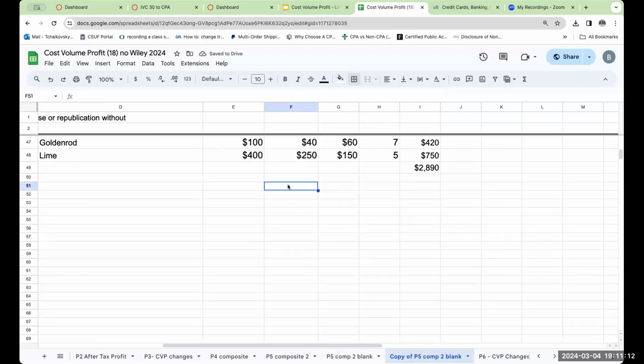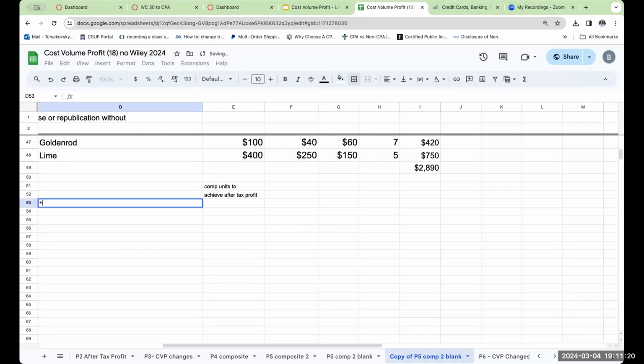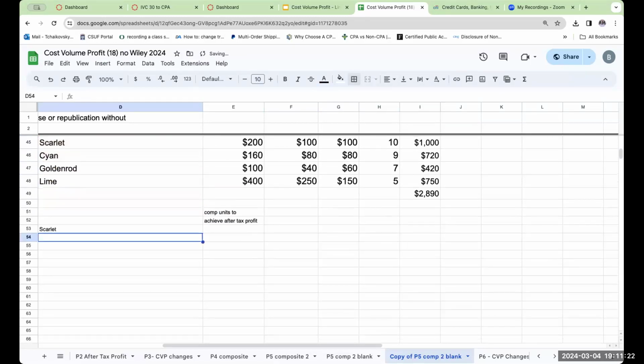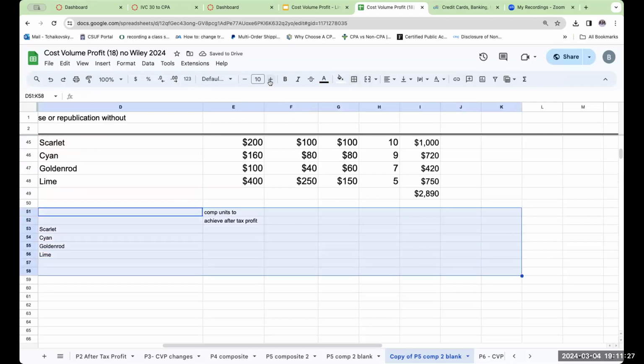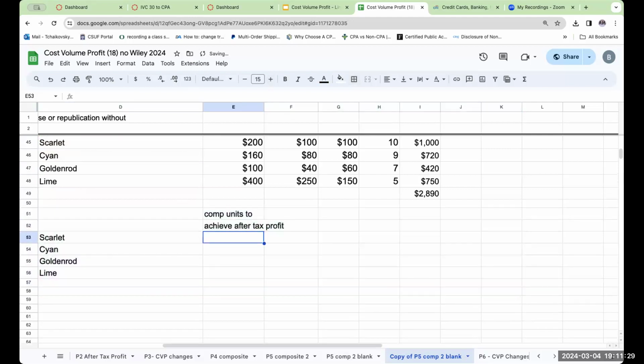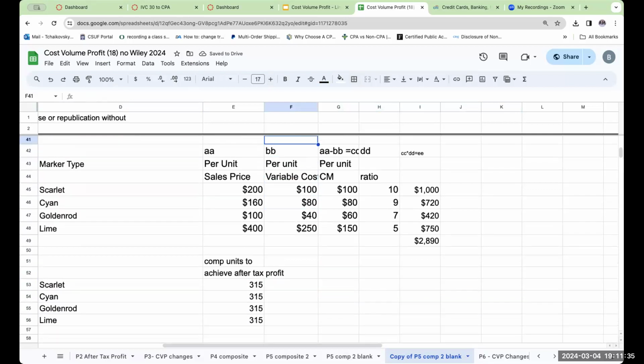So what I'm going to do over here is my composite units. I'm going to have Scarlet, Cyan, Goldenrod, and Lime. And remember, we're not selling these in the same ratio, right?